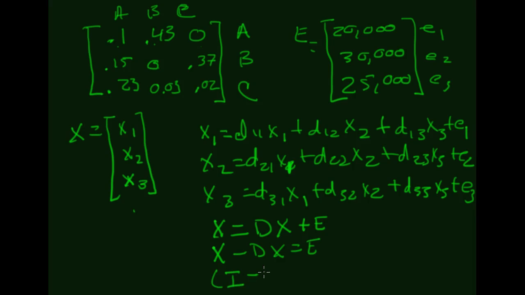The identity minus d, times x, is equal to e. x should equal the inverse of the identity minus d, times e. So I'm bringing it to the other side, I have to take the inverse. Okay, so let's look at how that plays out in this problem.